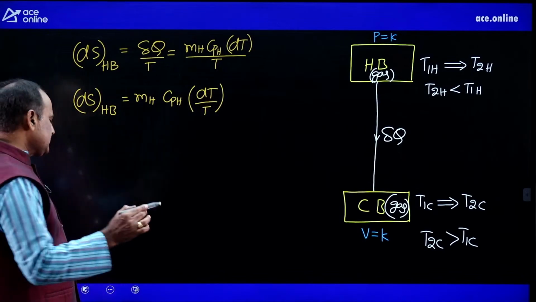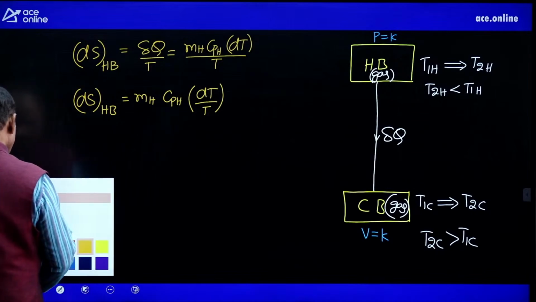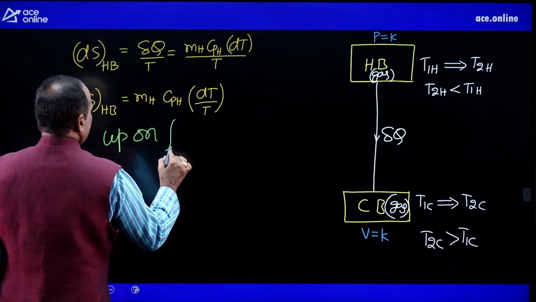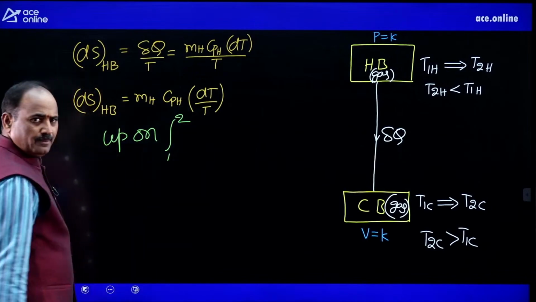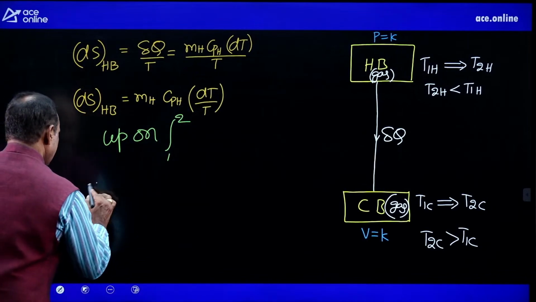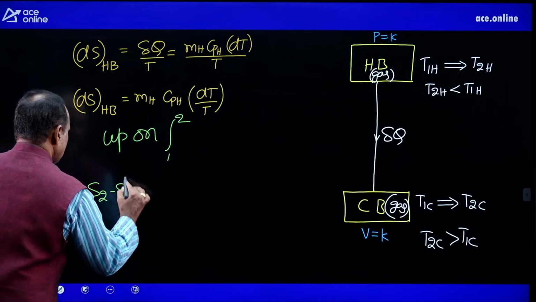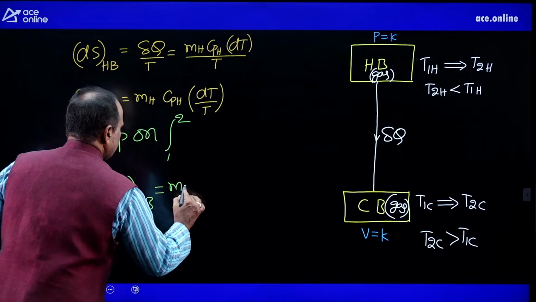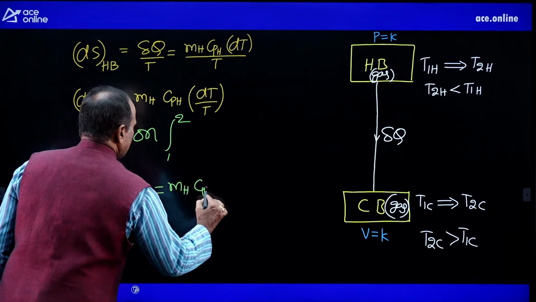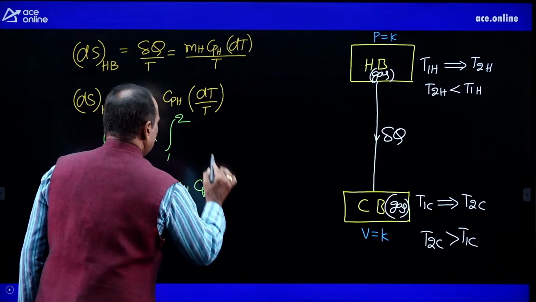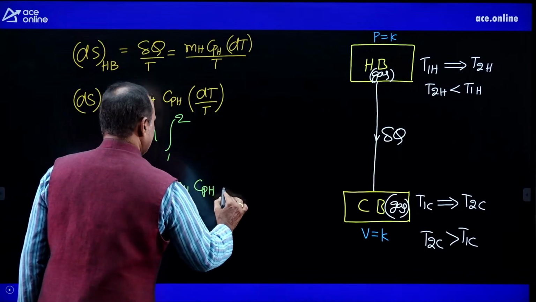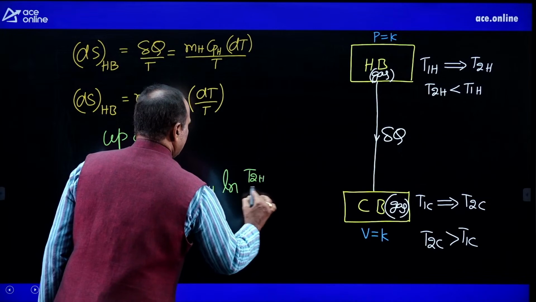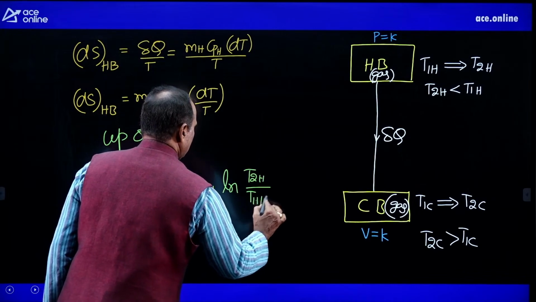For getting the overall change in entropy, upon integration and applying the limits from 1 to 2, S2 minus S1 for the hot body is equal to mass of the hot body into Cp of the hot body into, you know this part, directly I am writing, ln T2 of the hot body dividing by T1 of the hot body.